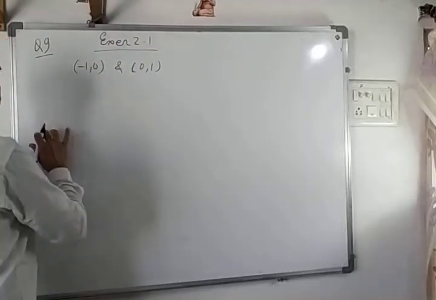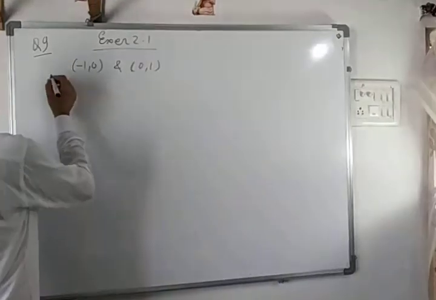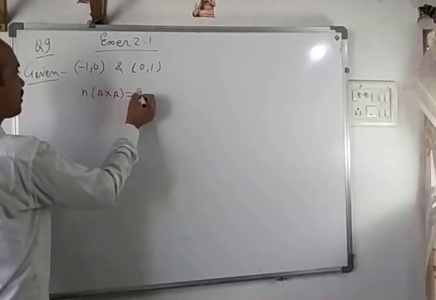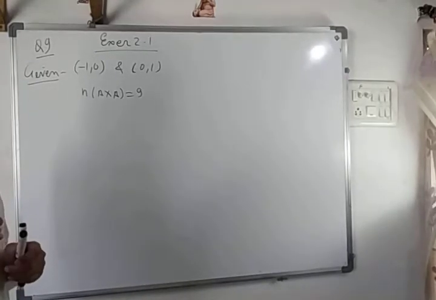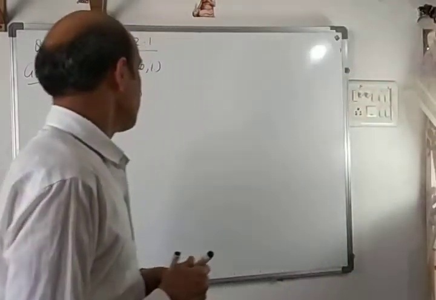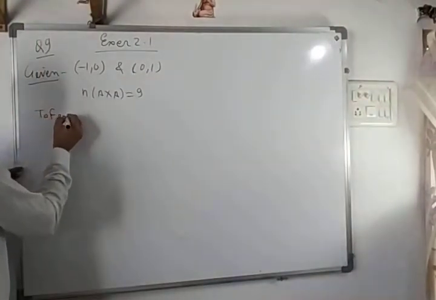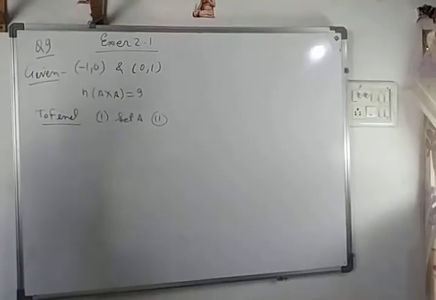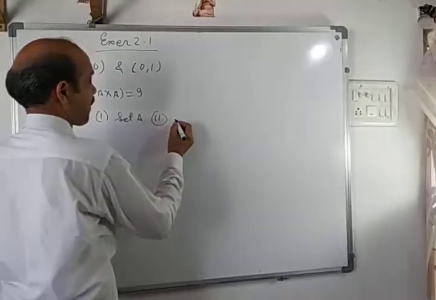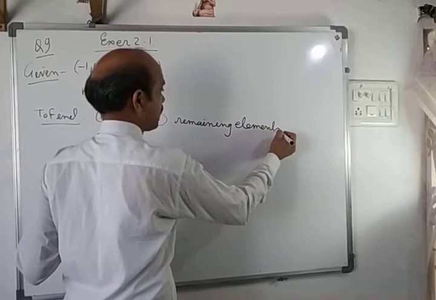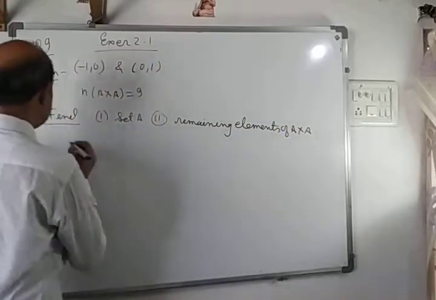It is also given that A cross A is having 9 elements, out of which 2 elements are given, and we have to find the set A. Find the set A and the remaining elements of A cross A. So to find: first is set A and second is remaining elements of A cross A. Now see the answer.